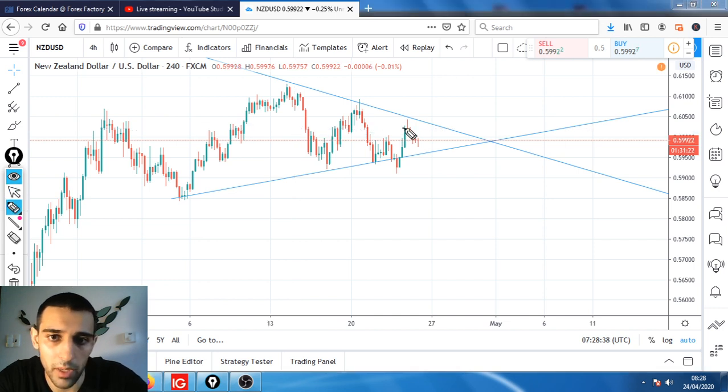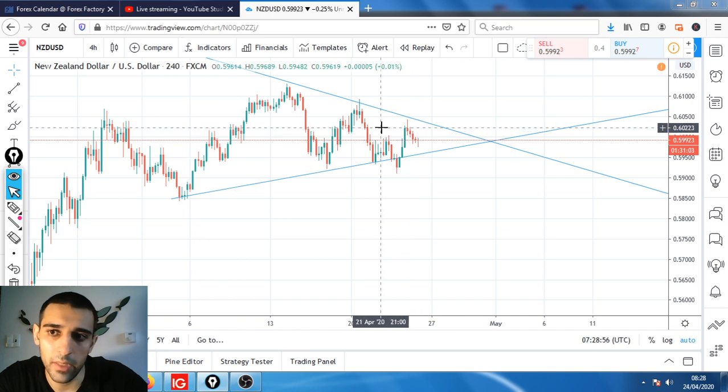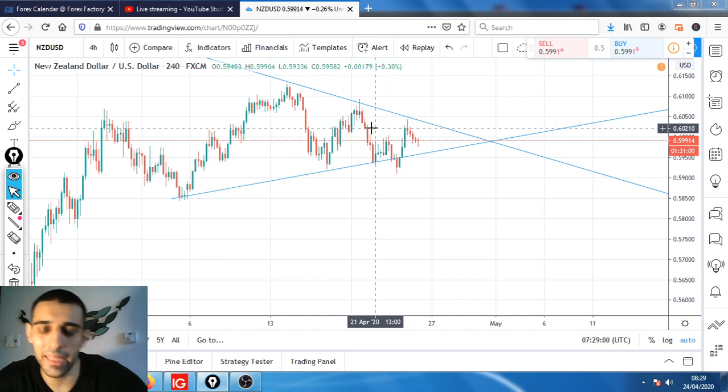The reason is we have these highs here, so there's a good chance price is going to come up and test it again. We've got loads of price action going on, so there's a good chance price is going to head back up and test it again today. So as for the targets, we're going to make about 25, maybe 30 pips.